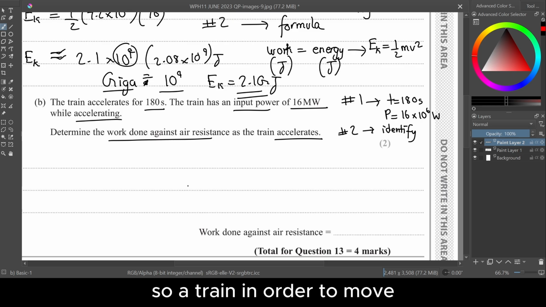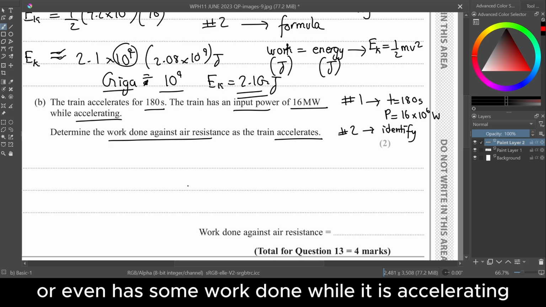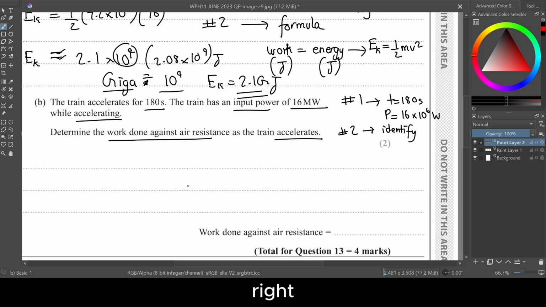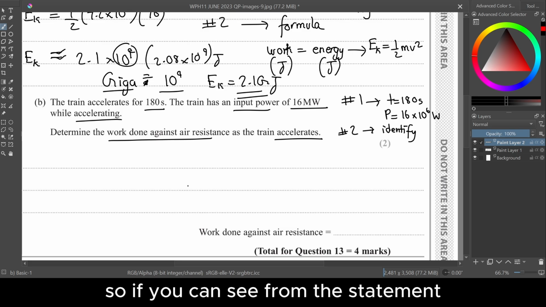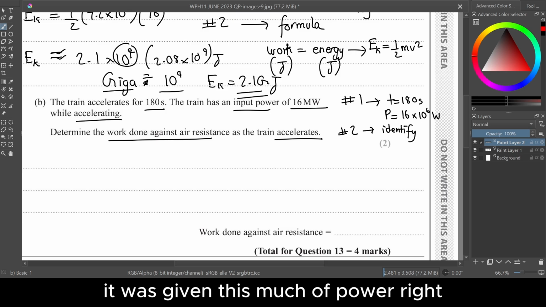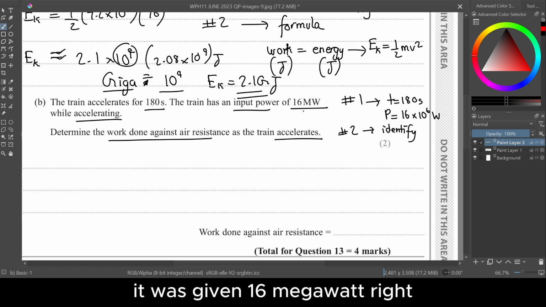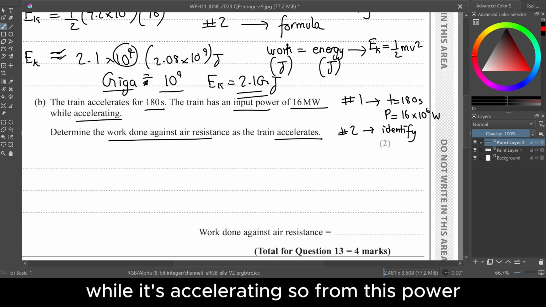So a train, in order to move, is given some power, or has some work done while it is accelerating. From the statement, it was given 16 megawatts while it's accelerating.